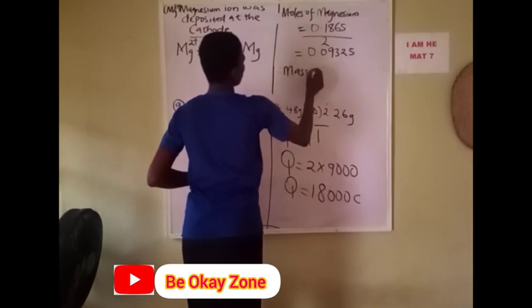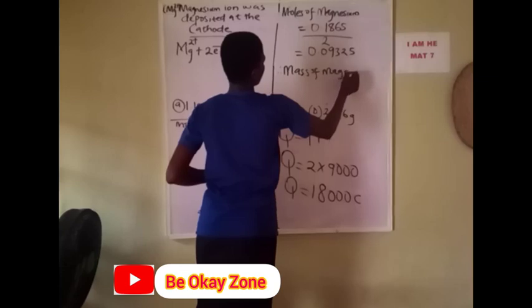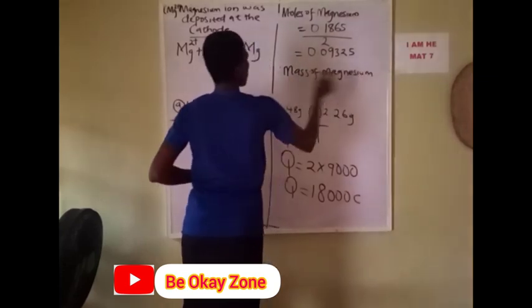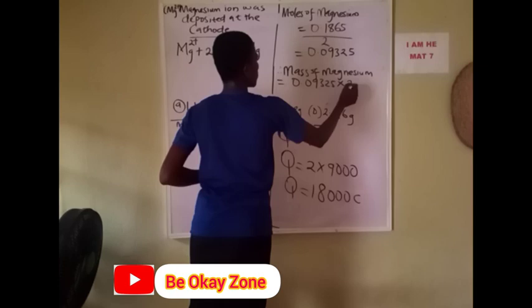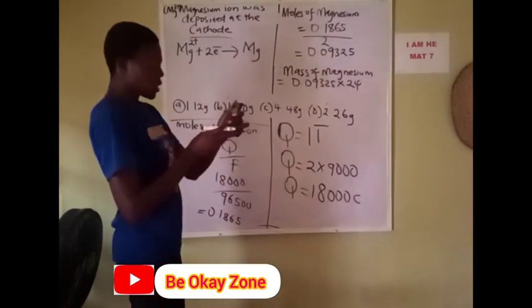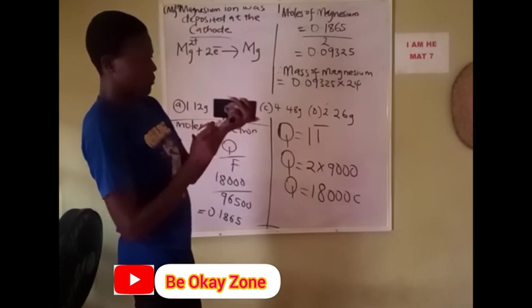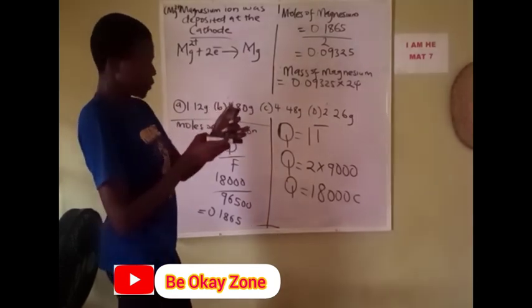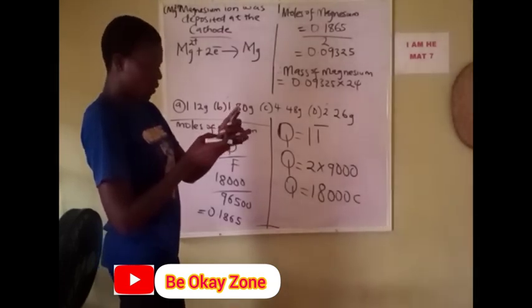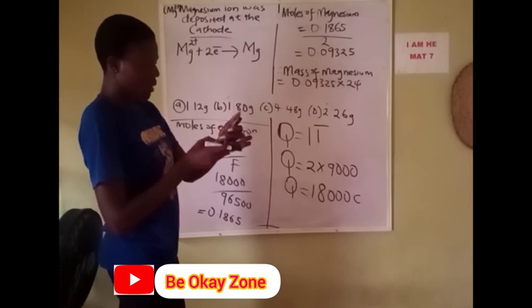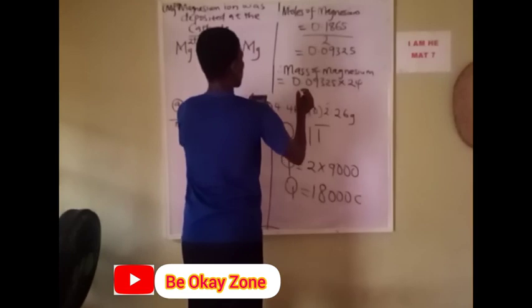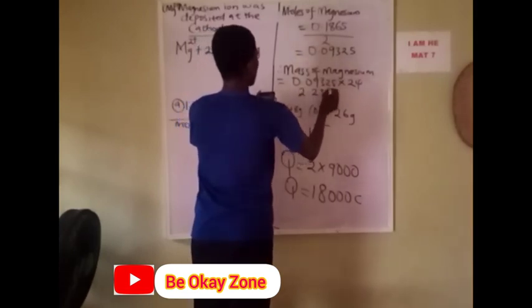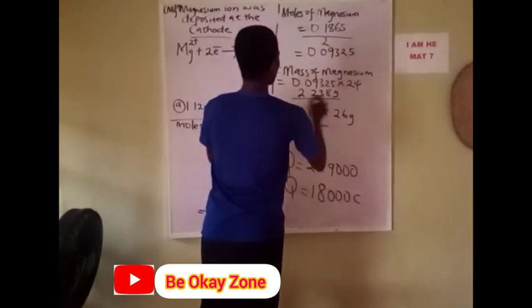The mass of magnesium is 0.09325 times 24, which gives us 2.238 grams. This is our final answer.